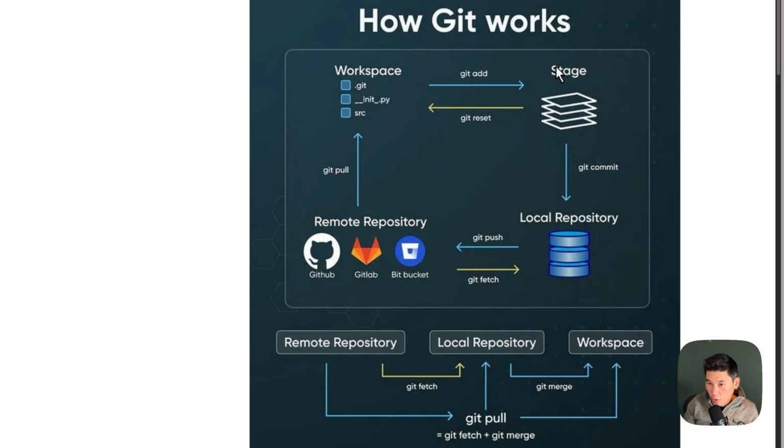So let's say it's a bunch of documents. You're deciding which documents should I put into this box, which is a commit. You select a bunch of documents, put them into a box, commit it, and then you're going to send it, which is git push. That box gets stored away in a warehouse, and you know exactly what's in that box.